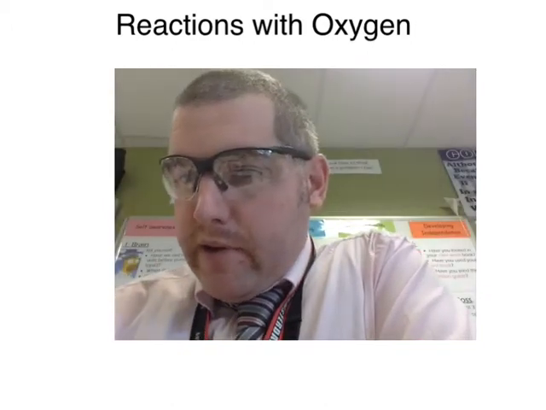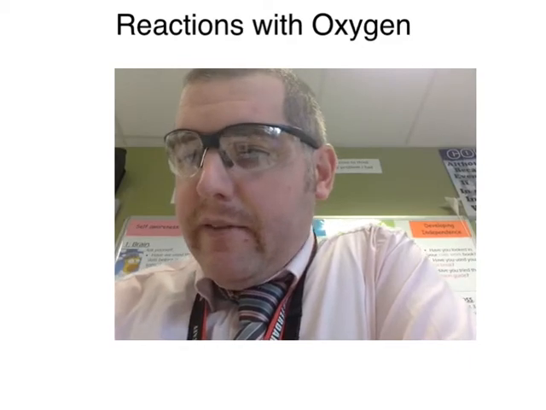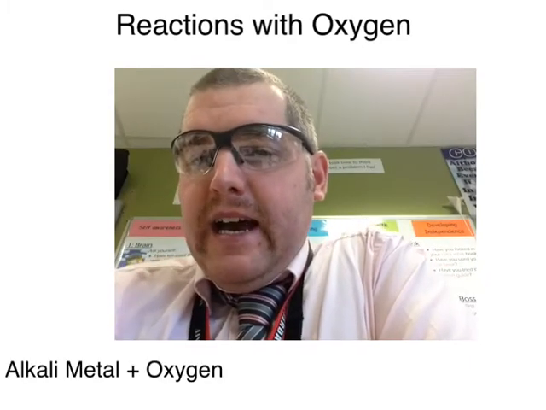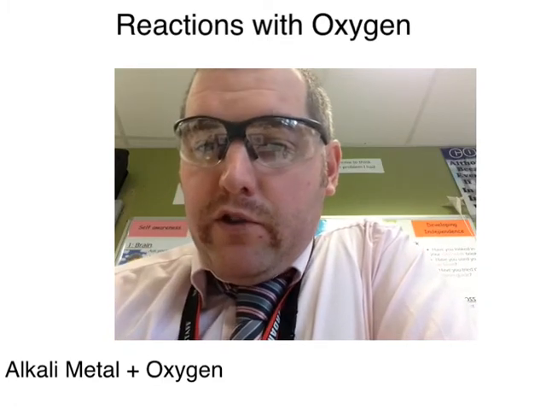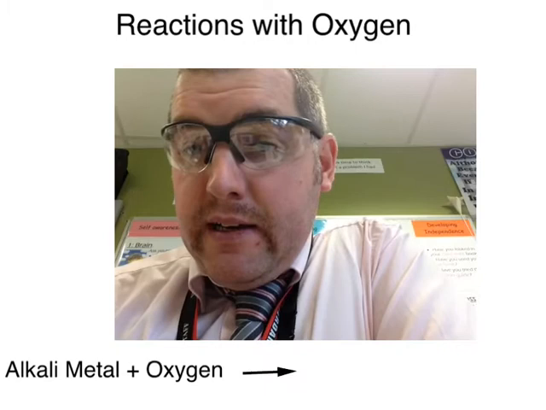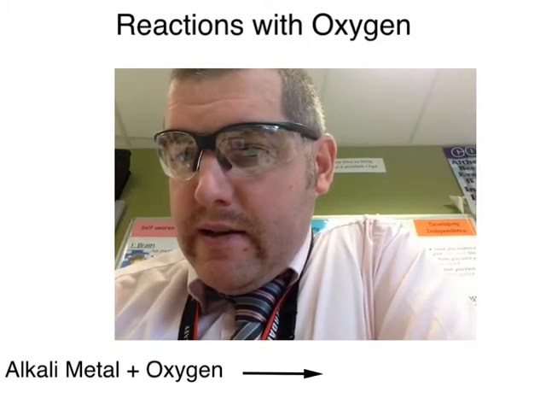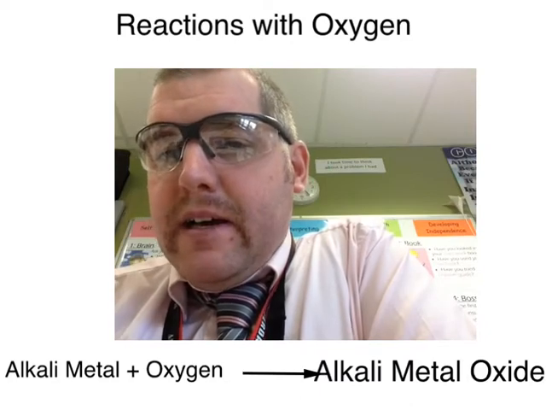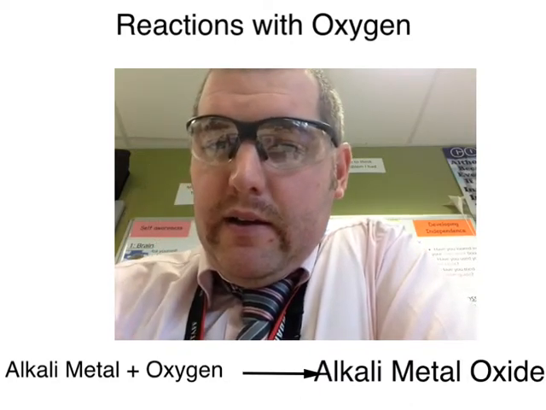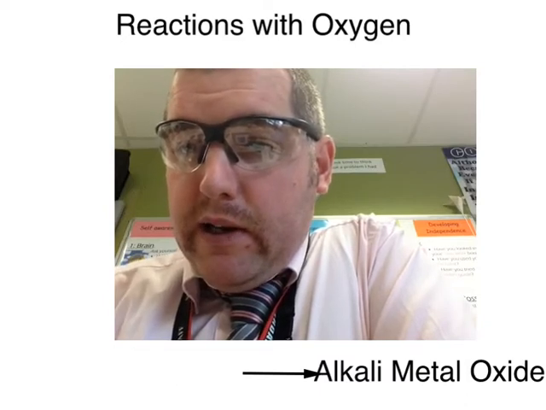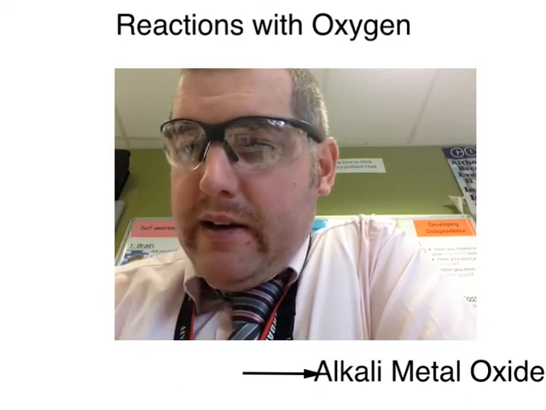Okay, so let's review what we've done. We have taken the alkali metal and we've reacted it with the oxygen, and we've made the alkali metal oxide. Now if we delete all this, we can actually work through an example.